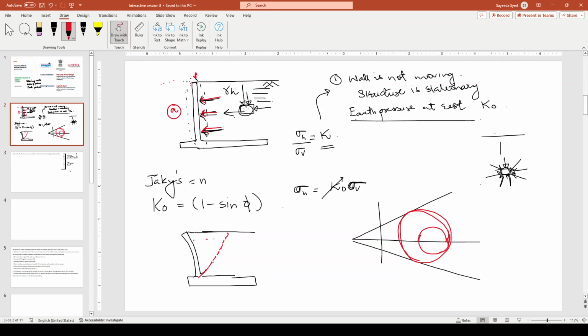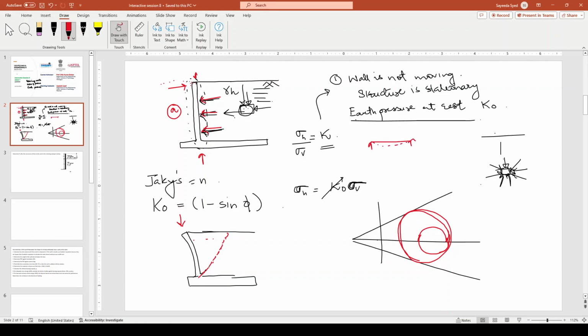When will this failure be there? When the soil is allowed to move. Why? Because when the wall is not moving, it is like a rigid beam.